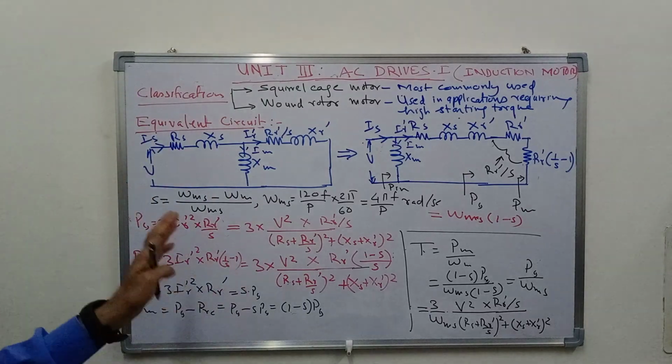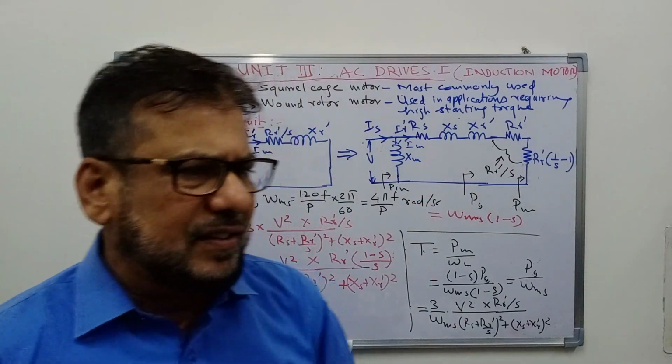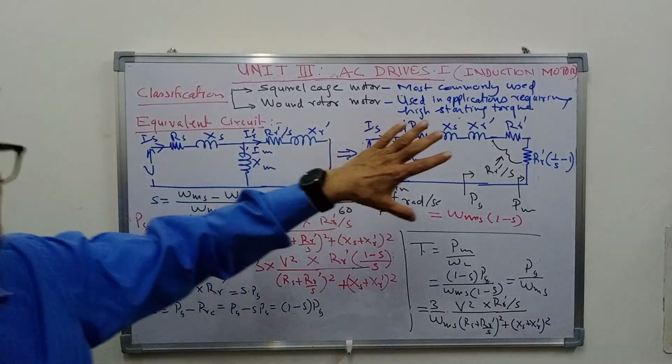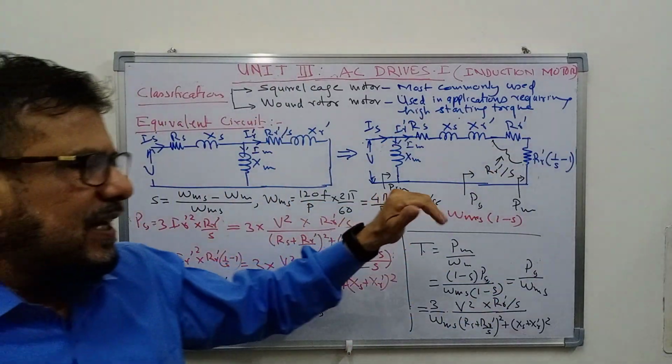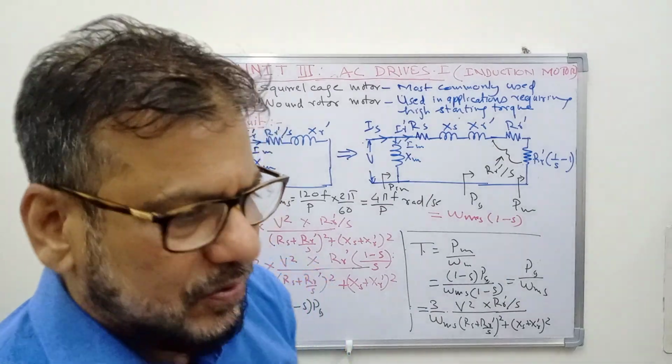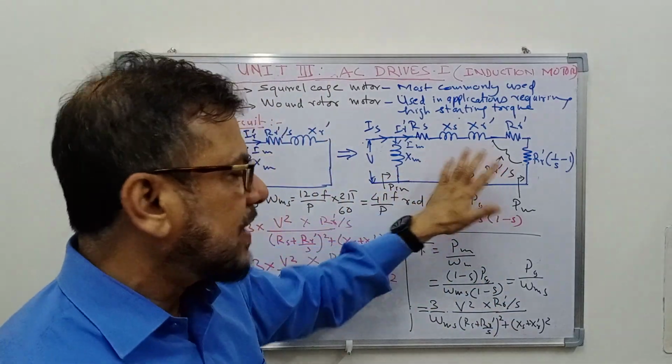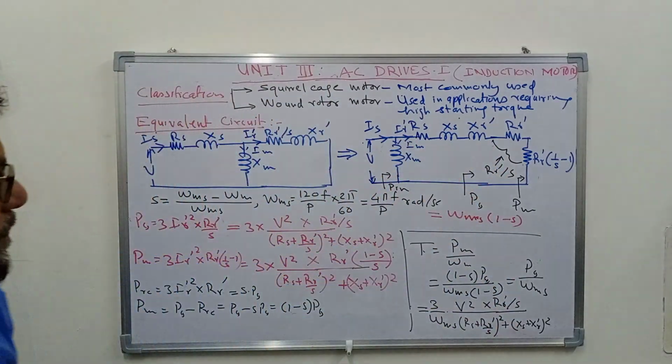So you can see that there is some difference between these two, and this is actually an approximate equivalent circuit, but it makes the analysis much easier. So for approximate analysis, we can use this approximate equivalent circuit.